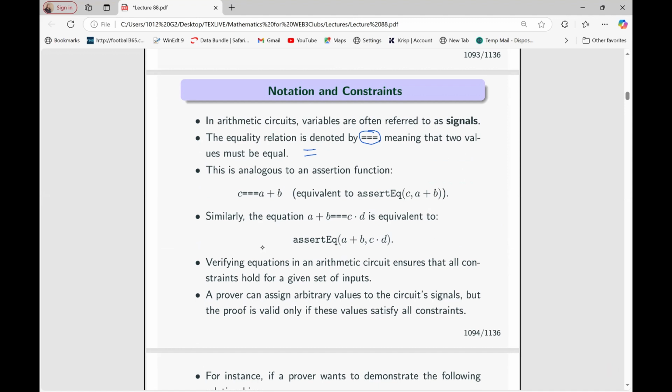Just before that, I've said that in arithmetic circuits, the variables x1, x2 that we've seen above would then be referred to as signals. The variables will be referred to as signals, and the equality relation will be denoted by this and not this.